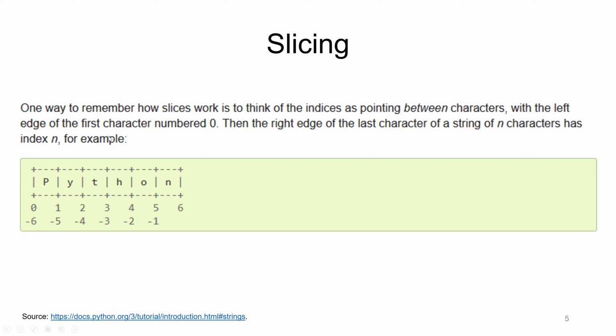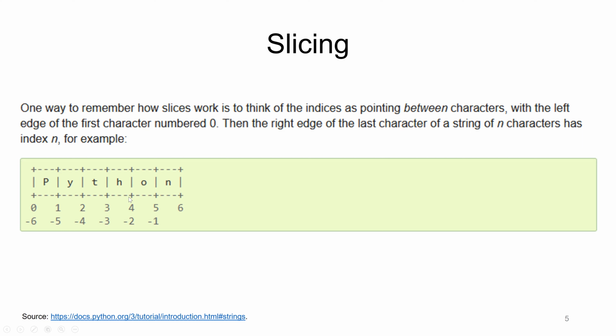So that means that if we access the elements 1 up to, but not including 3, this should give us the letters YT. We're trying this in a moment. And if we are accessing the elements from 0 to 4, this will give us the first 4 letters of the word Python.